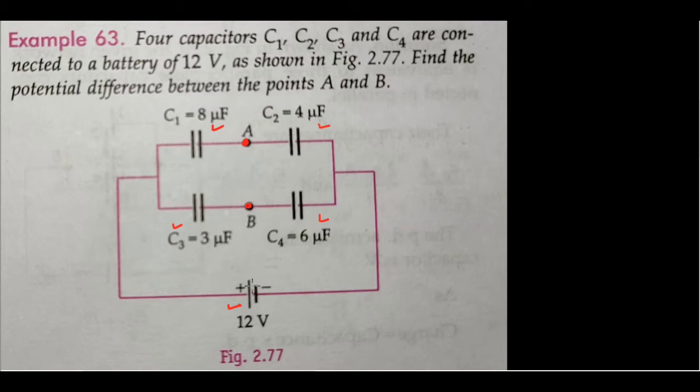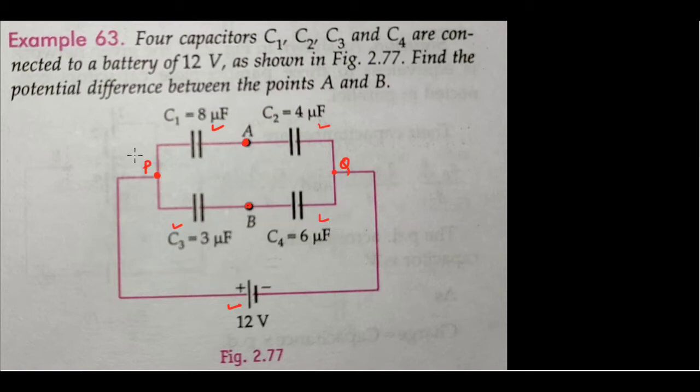You can see that the positive of the battery is connected to this point. Let us say this point is P and this point is Q. So the point P is connected to the positive of the battery and point Q is connected to the negative of the battery. It means the potential difference between point P and point Q will be 12 volt.